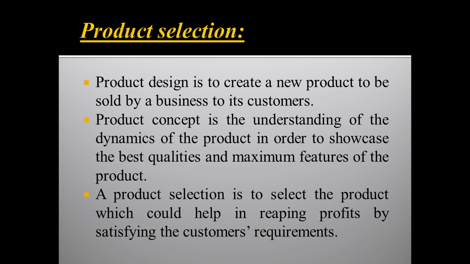Product concept is the understanding of the dynamics of the product in order to showcase the best qualities and maximum features of the product. Product selection is to select the product which could help in reaping profits by satisfying the customers' requirements.